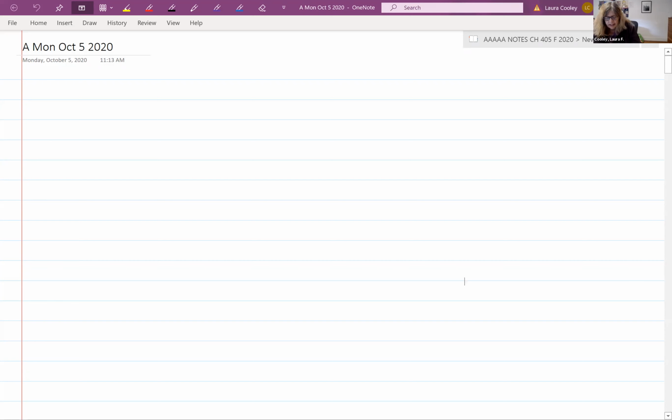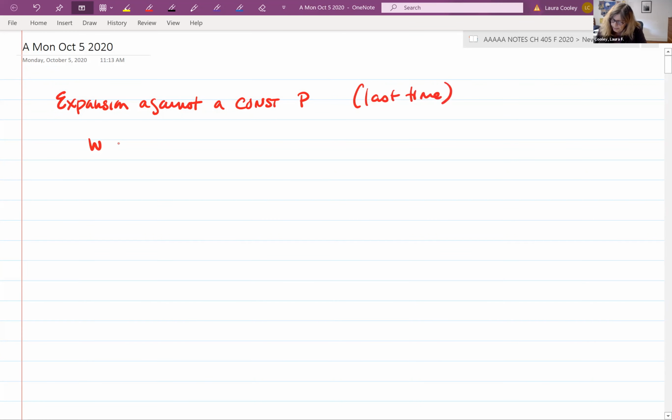And at the end of the last class, I talked about the work of expansion against a constant pressure, and we came up with an equation for that. From last time, we got minus P2 times V2 minus V1.